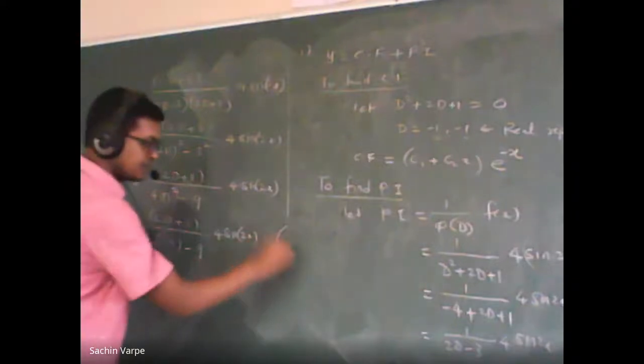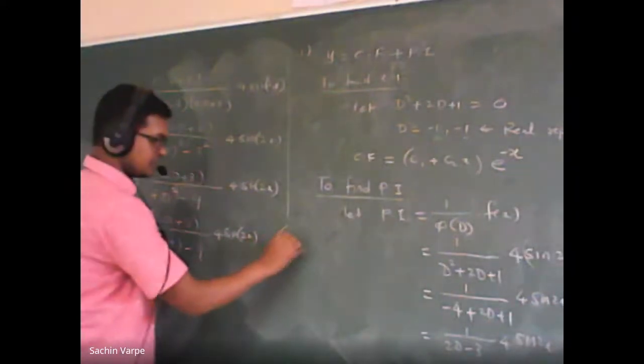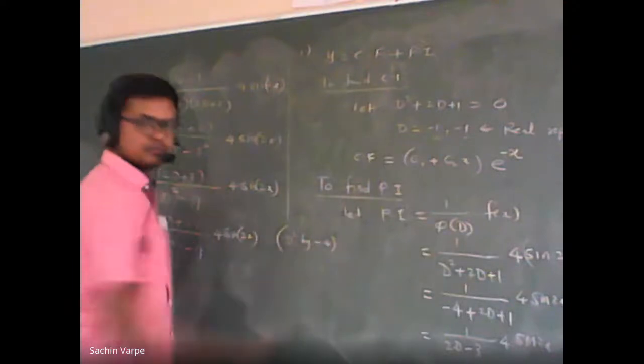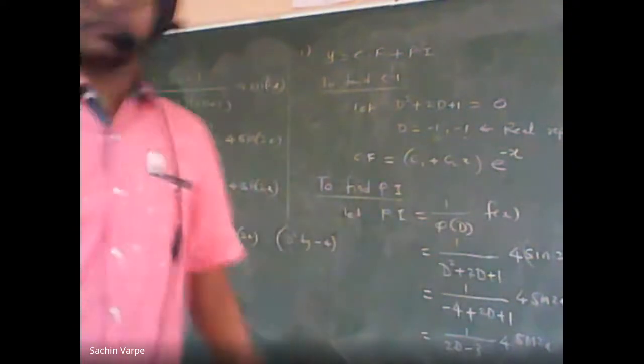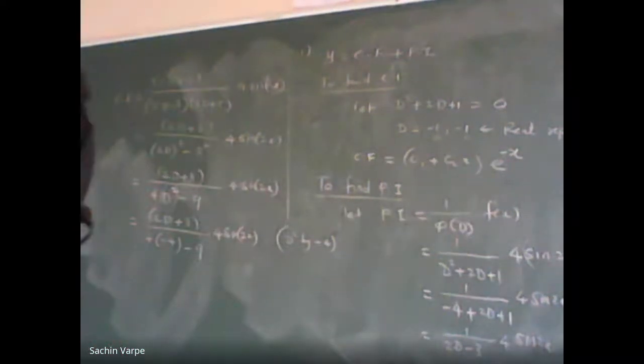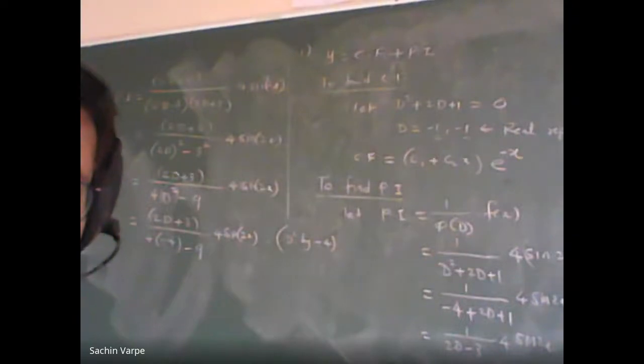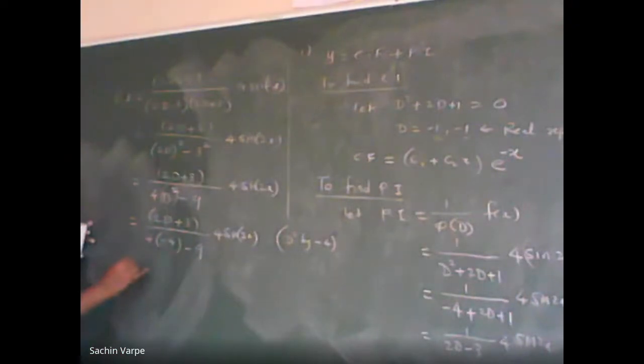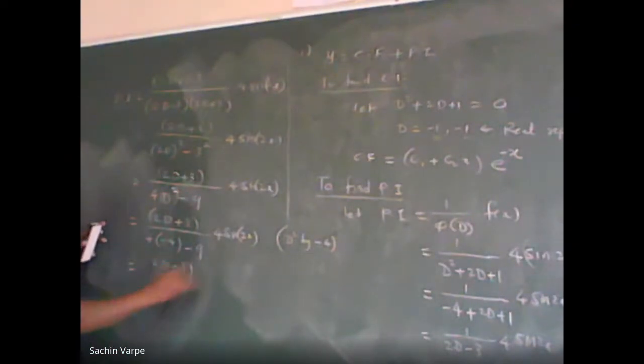Here I'm writing the reason, that is by replacing d square by minus 4. Remember, d square by minus 4. I hope it is visible. So, what will it be? It is 2d plus 3 upon minus 16 minus 9.